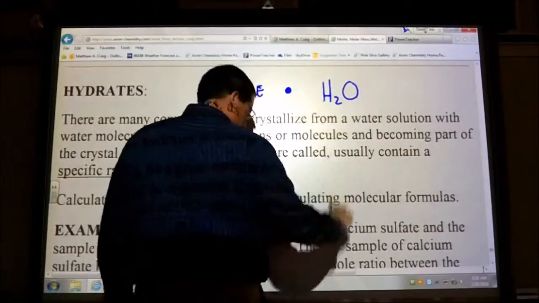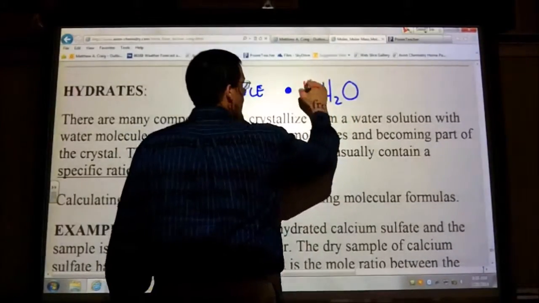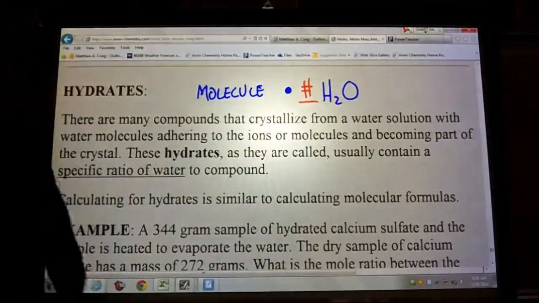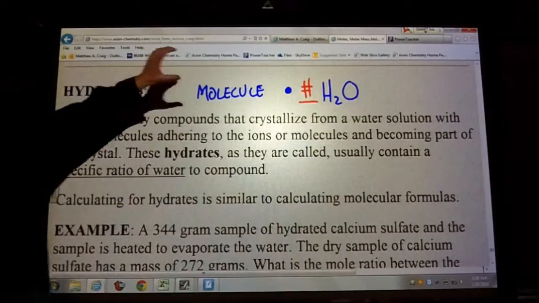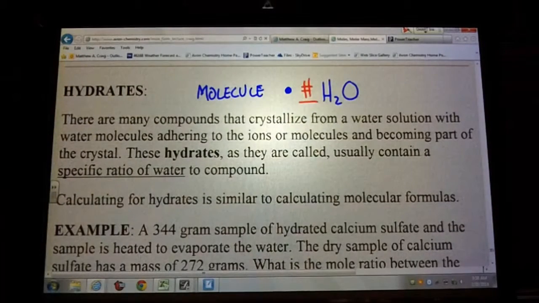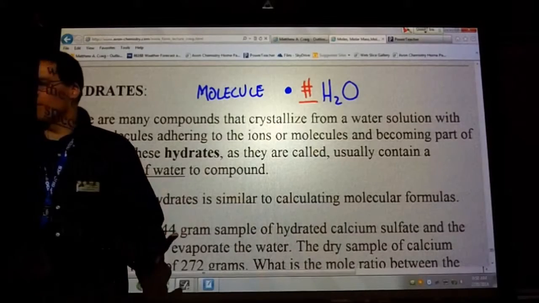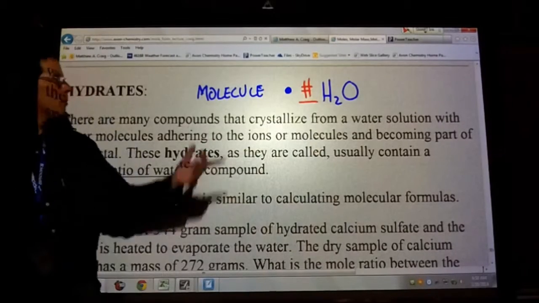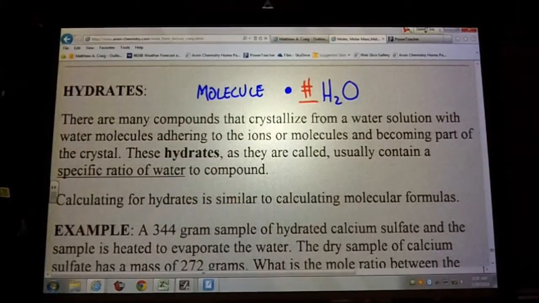And generally, we're looking at some number here. So for every molecule, there's some water molecules chemically attached to it. That's why we call it a hydrate. If it doesn't have any water attached to it, we call that an anhydrate. Now, you don't need to know the term anhydrate, but it's nice to know what a hydrate is.